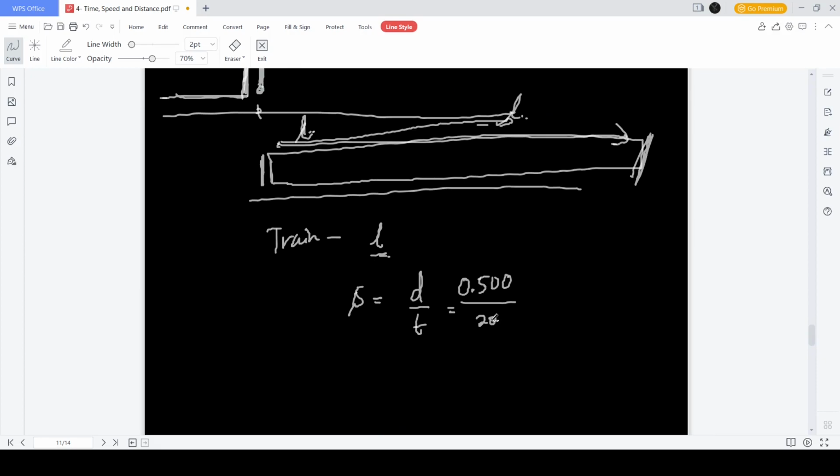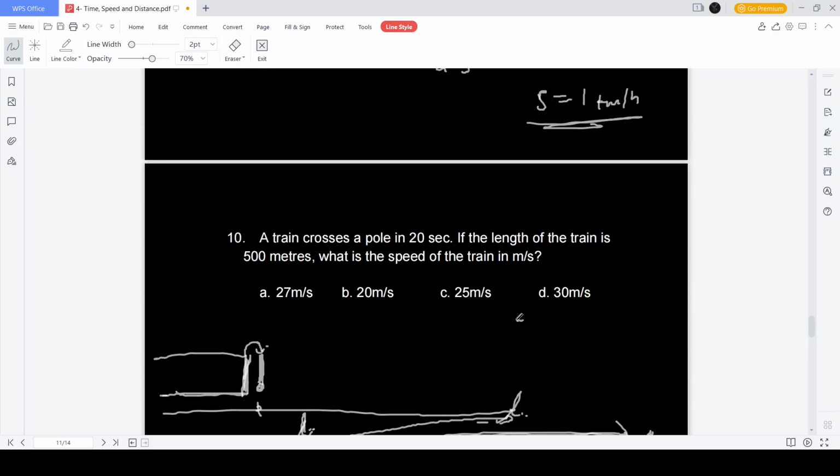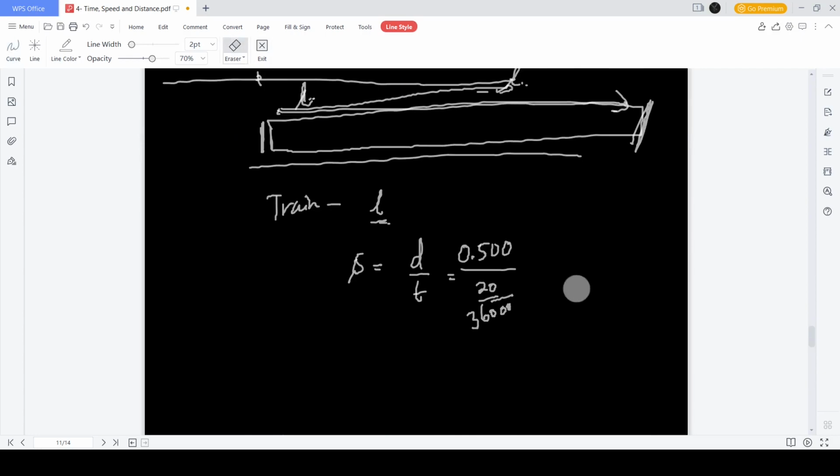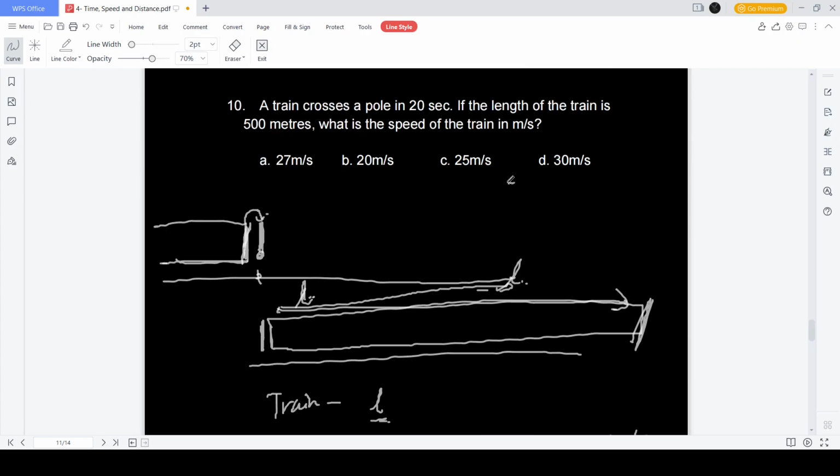Because you want it in meter per second, you need 500 by 20. So it took 20 seconds to cover 500 meter. This is nothing but 25 meter per second. This is the speed of the train.